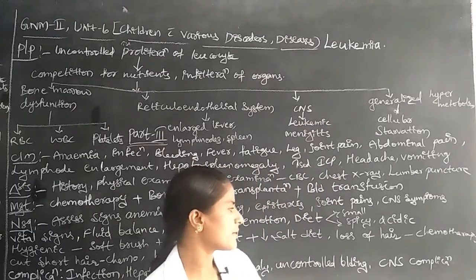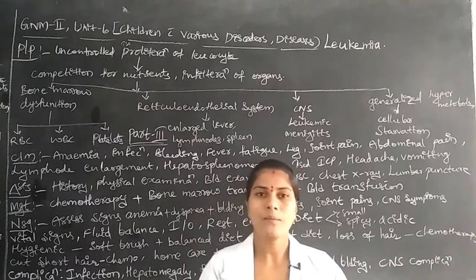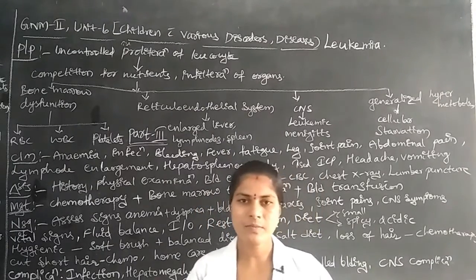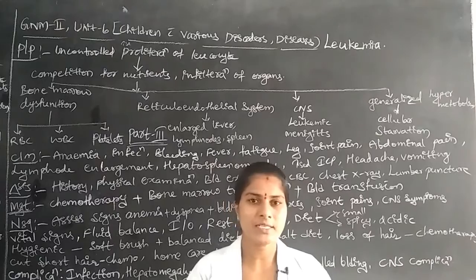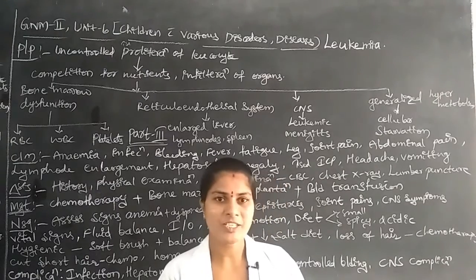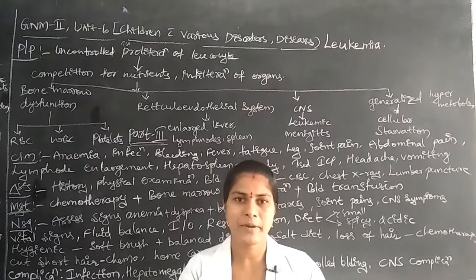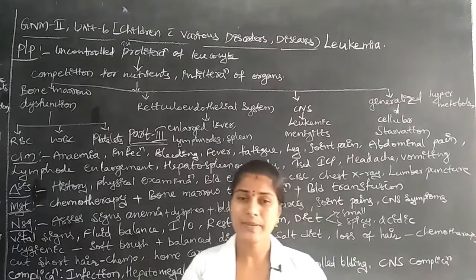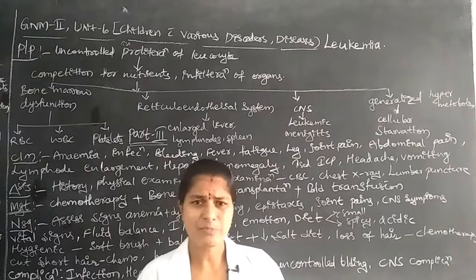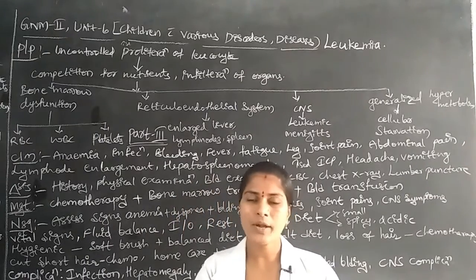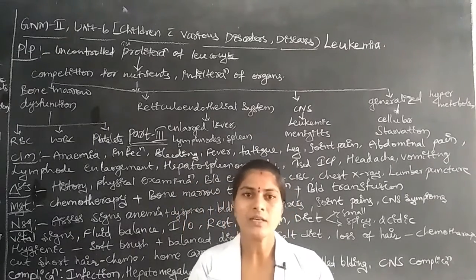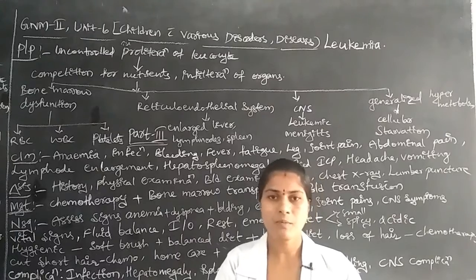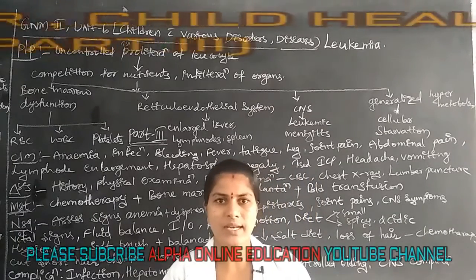Next are CNS complications, central nervous system complications. It means meningitis or tumor formation in the brain, especially the cerebrum, cerebellum or spinal cord, or the hemispheres of the cerebrum. Once the blood has cancer, it is the most dangerous for the children.